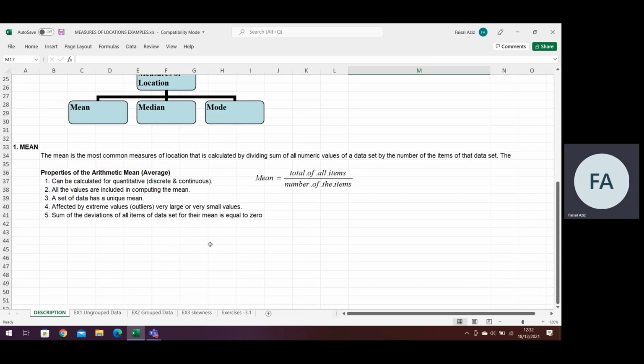We will calculate all these three measures of location for both grouped data and ungrouped data. I will start first with the ungrouped data. So let's have a look at how we can calculate these measures of location for ungrouped data.